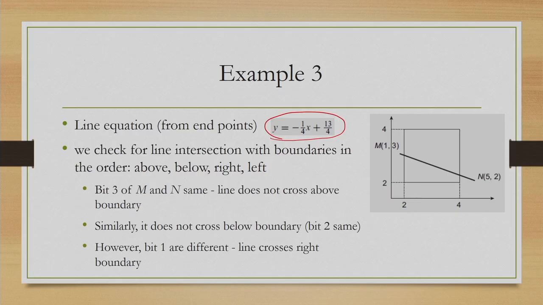Then we check for the line intersection with boundaries following this order: above, below, right and left boundaries. So, bit 3 of M and N are same, that means line does not cross above boundary. Similarly, it does not cross below boundary, bit 2 is same. However, bit 1 are different and the line crosses right boundary.